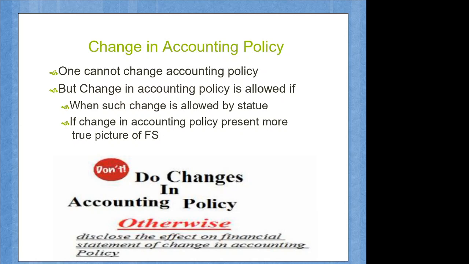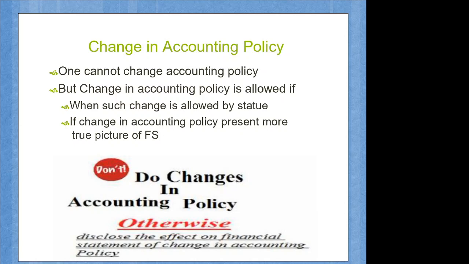So what should we do? We should change the rate of depreciation from 20% to 33%, or one third of the cost of that software. So this change is going to reflect a better, true and fair picture of the business conducted.